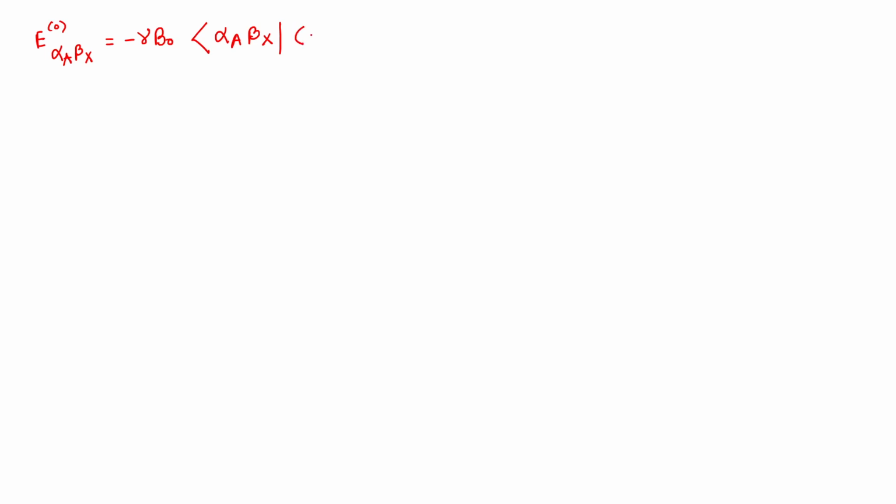I have 1 minus sigma A Iz A plus 1 minus sigma X Iz X operating on alpha A beta X, right?